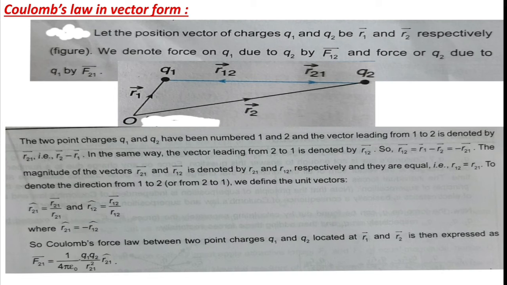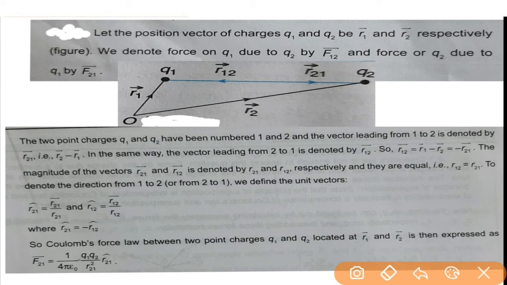Now next, the Coulomb's law in vector form. How can we get the vector form of Coulomb's law?